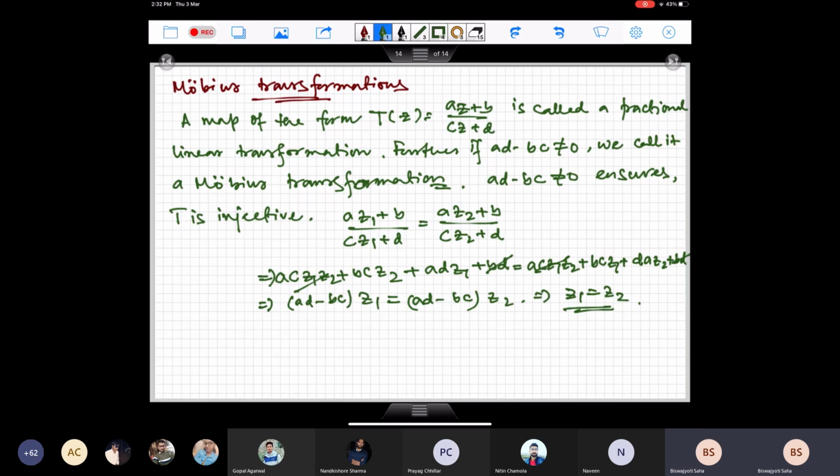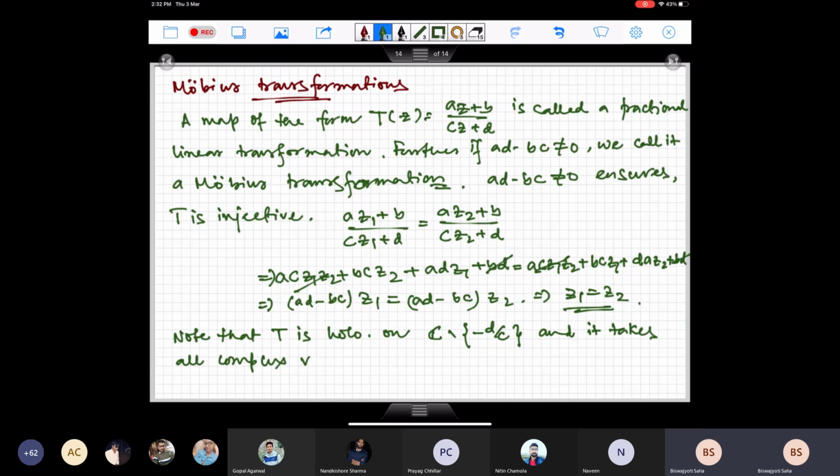So T is holomorphic on C minus {minus d by c}. At this point there is some problem, and again you can notice, and you can actually check this, that it takes all complex values except a by c.